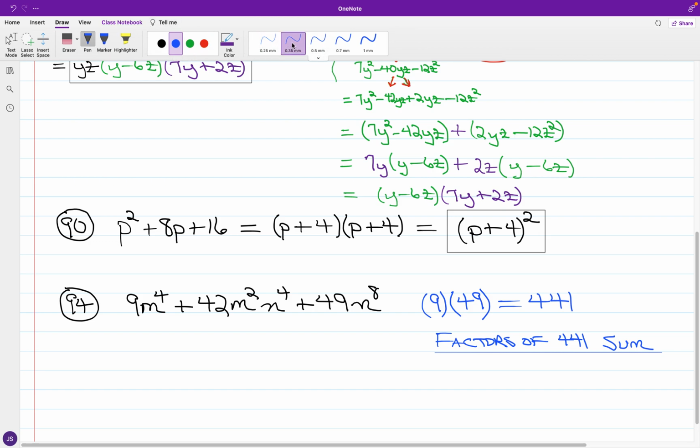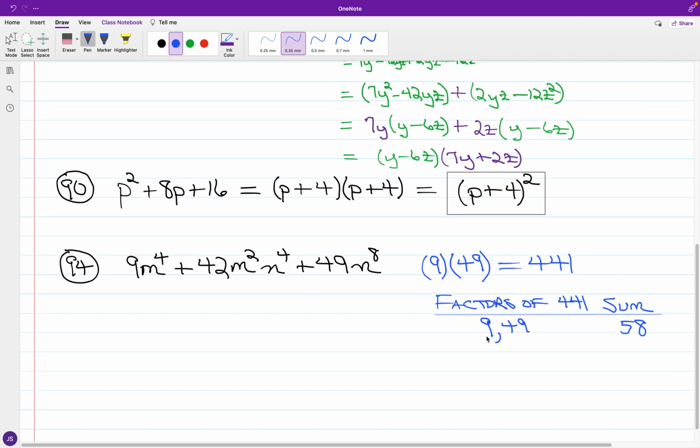So in looking for the factors of 441, we had utilized 9 and 49. However, that sum comes out to 58, but we want the combination where the sum is 42. And it's going to turn out, now 441 has several factors, but there's one combination that will add up to 42, and that's going to be 21 and itself. So 441 is a perfect square value, and it's the square of 21.